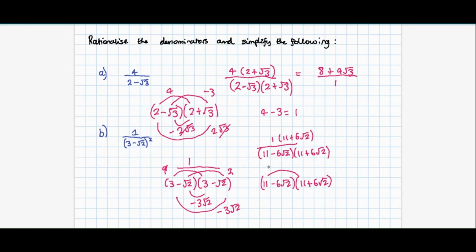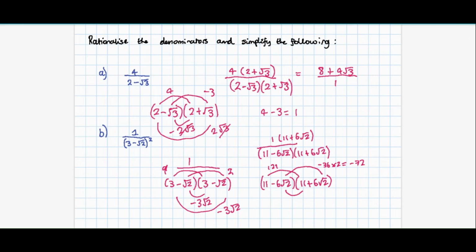Right. So 11 times 11, 121. Then we've got minus 6 root 2 times plus 6 root 2, which is going to be, so what we're going to do, we're going to times minus 6 by 6, which is minus 36. And then we've got this with the root 2. So we're going to do root 2 times root 2, which is going to be 2. So it's going to be minus 36 times 2, which equals minus 72.